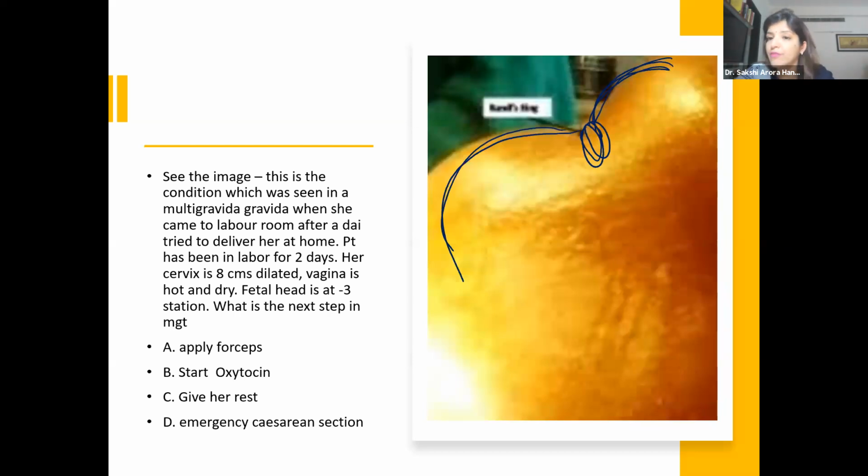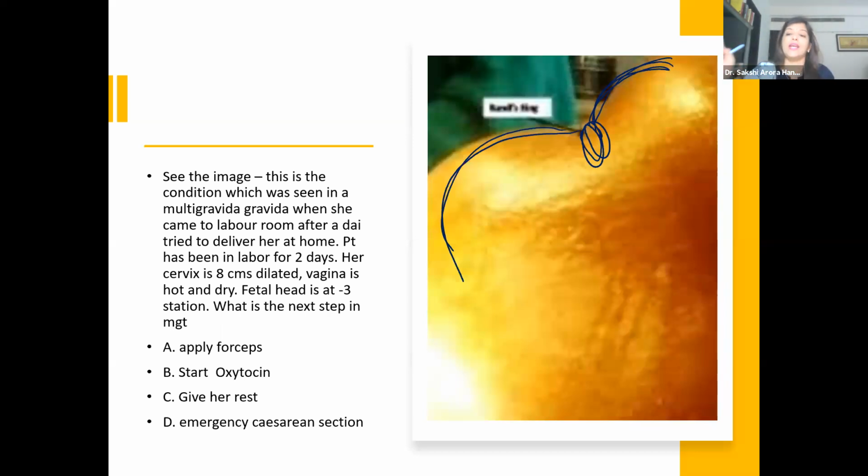So on pervaginal examination, if head of the baby is at the level of ischial spine, then we say that it is 0 station, right? And head is said to be engaged when head is at 0 station. Now, in this case, the patient's head is at -3. That means the head has not yet engaged, right?